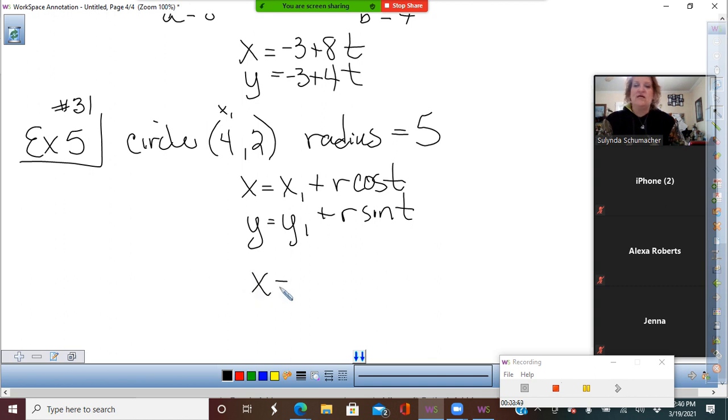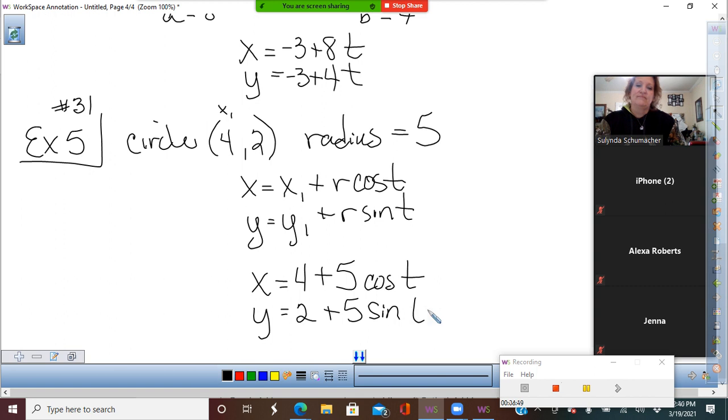We get x equals x1, which is 4, plus our radius, 5, cosine t. Here we get y equals our y value, which is 2, plus 5 sine t. And that's it. That's, again, your parametrics that represent that circle.